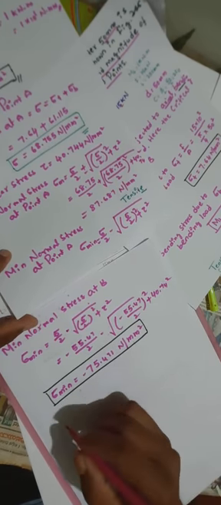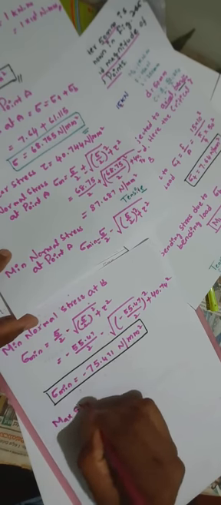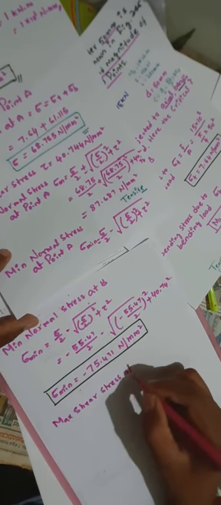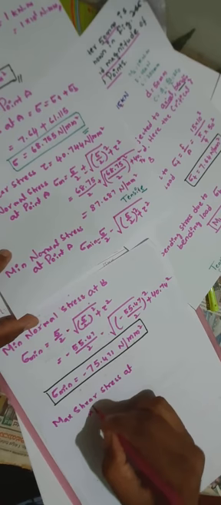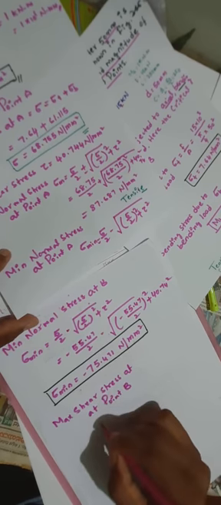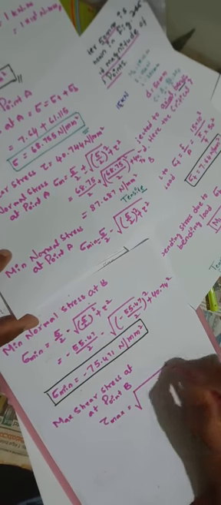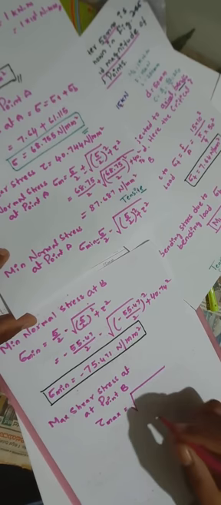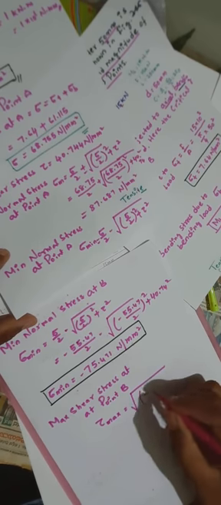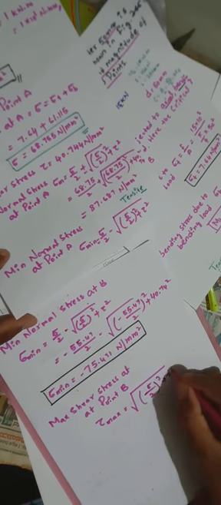With respect to point B, in the same way we need to find out the maximum shear stress at point B. Tau max is equal to square root of sigma divided by 2 whole square plus tau square.